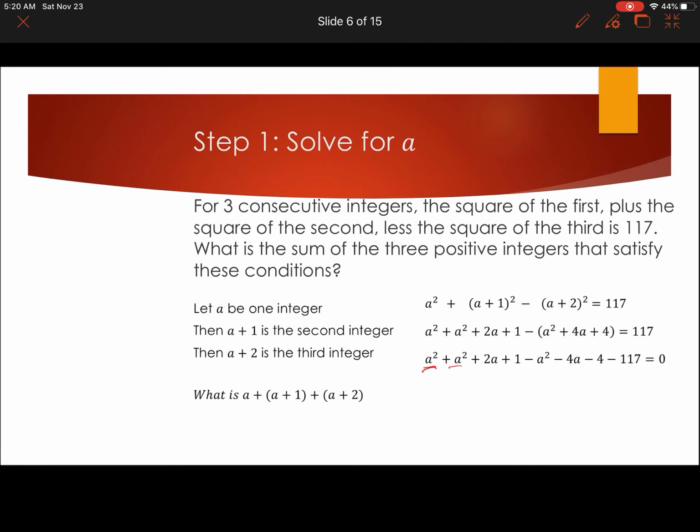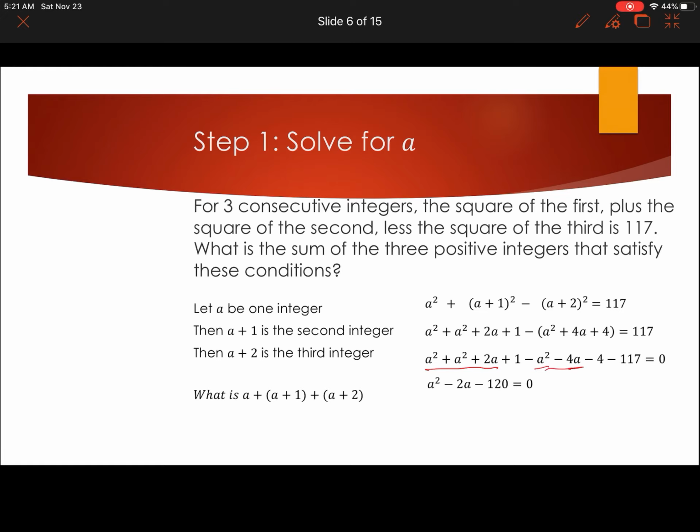Next step, collect like terms. A squared plus a squared is 2a squared, minus a squared is just an a squared. That's where that came from. The next like term is 2a. 2a minus 4a is minus 2a.